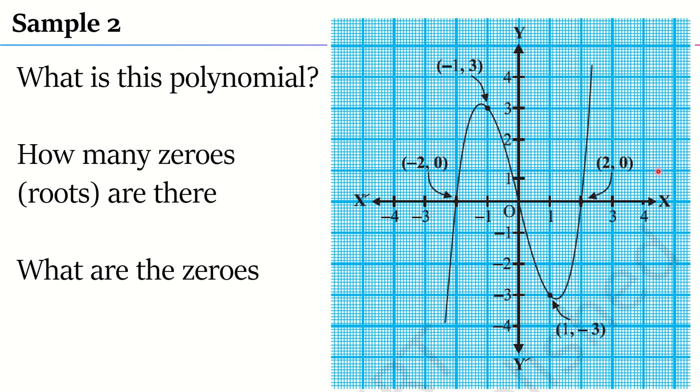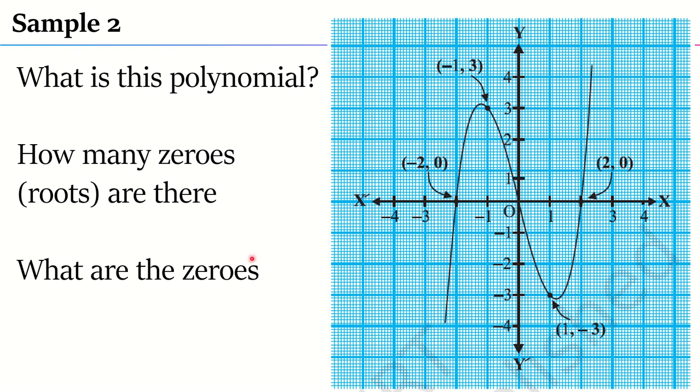This is another problem from your textbook. This is an S-shaped curve, which is nothing but a cubic polynomial of degree 3. So how many roots are there? Let us count the number of places this curve cuts the x-axis. Here it cuts at the point of origin and here. So there are 3 zeros.